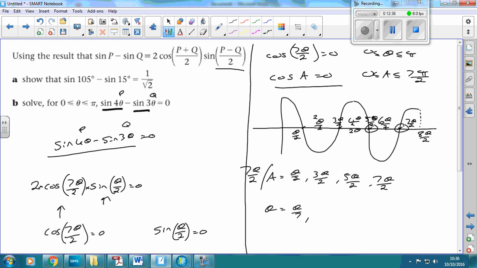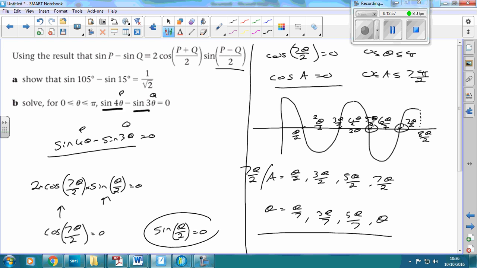So times by 2 divided by 3 is going to be 3 theta over 7, 5 theta over 7 and theta. That's going to be the solutions for the cos.